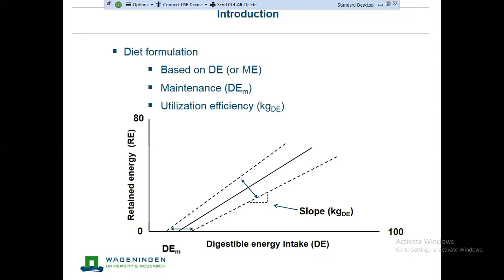How to deal with this variation is also a big question, because on different species the slope varies very much, from 50 to 80-something percent.